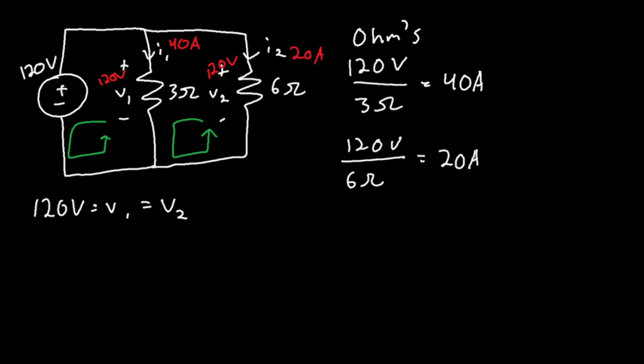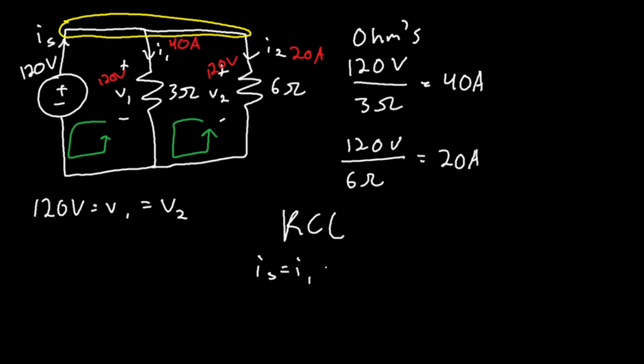All right. We need to solve for IS as well. This is the current coming from the source. Since the entire top section is a node, we could do KCL. You have a current going in, and two currents going out. I1 and I2 are going out, but IS is going in.